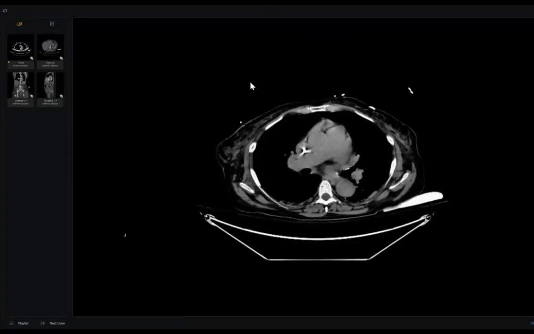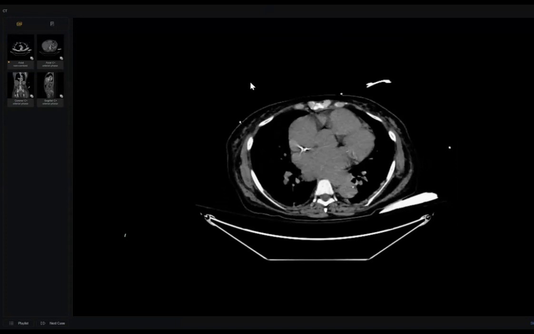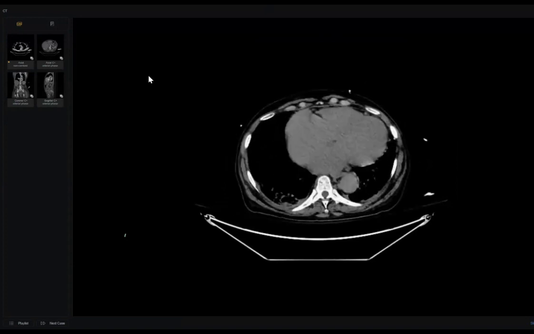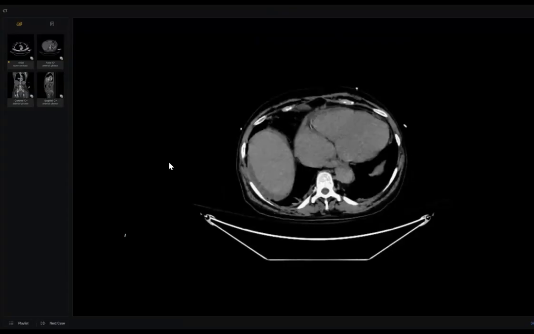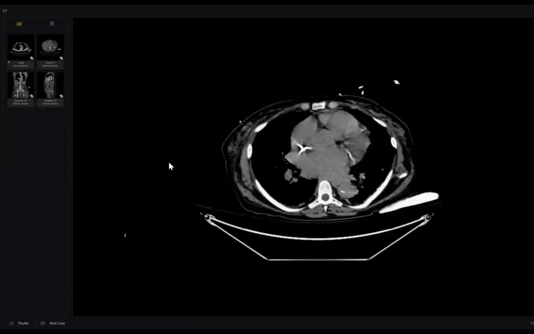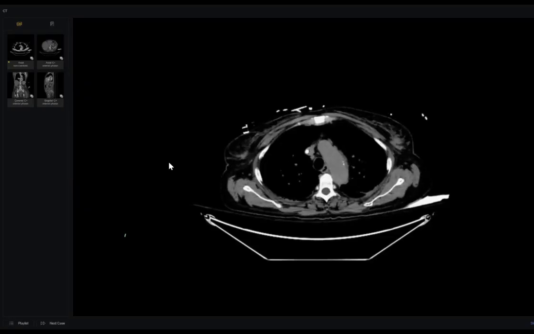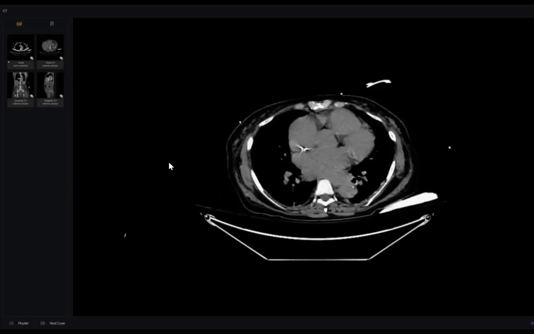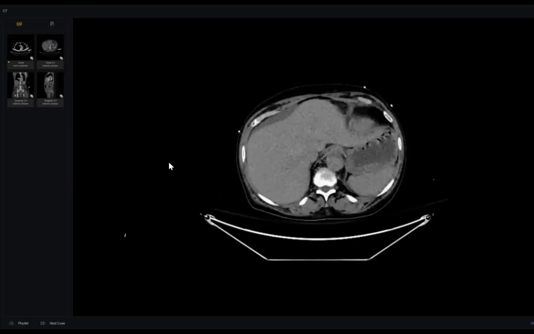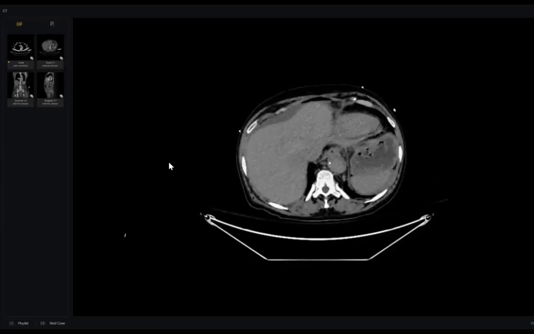So can I ask for the CT? Okay, sir, if you are showing, I will see it. Okay, this is plain CT, in which I can see that there is some thickening of the mediastinum. The heart shadow is enlarged.